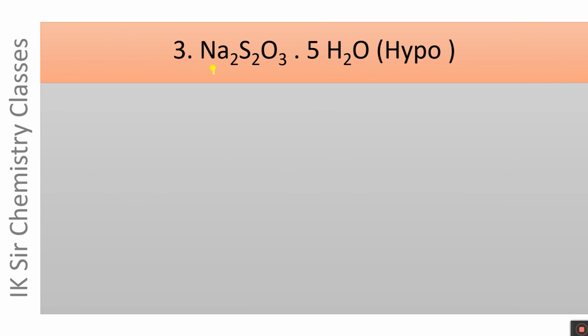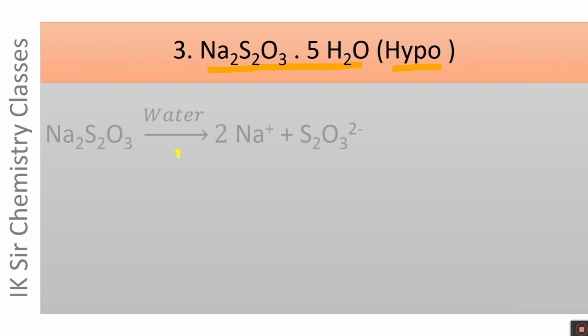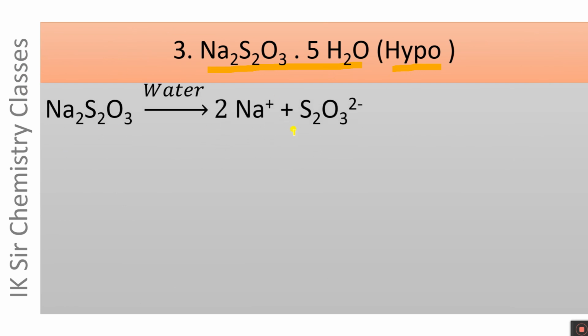Na2S2O3.5H2O, sodium thiosulfate pentahydrate. Its commercial name is hypo. When hypo is dissolved in water, it furnishes S2O3 2- ion, that is thiosulfate ion.